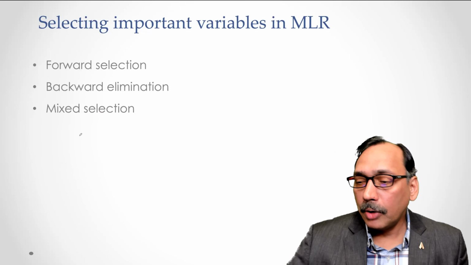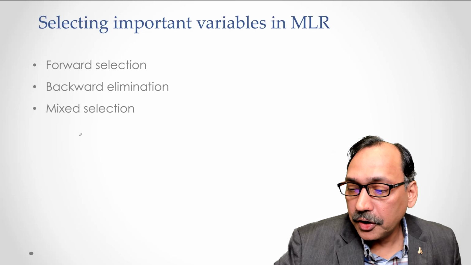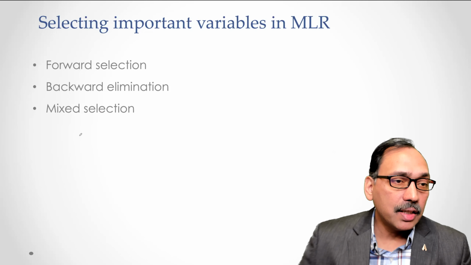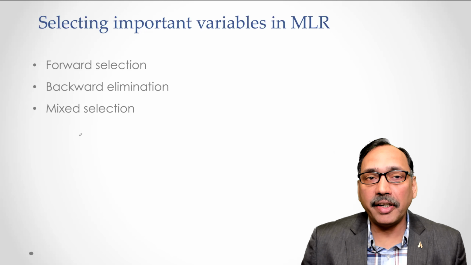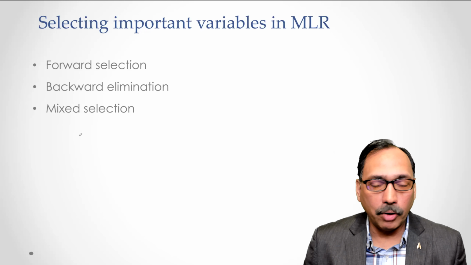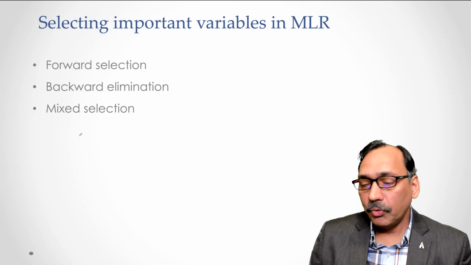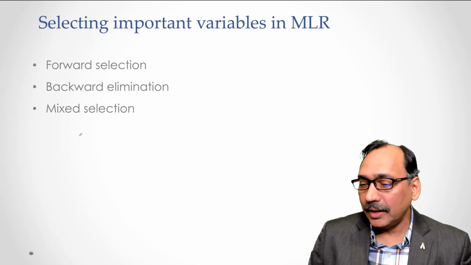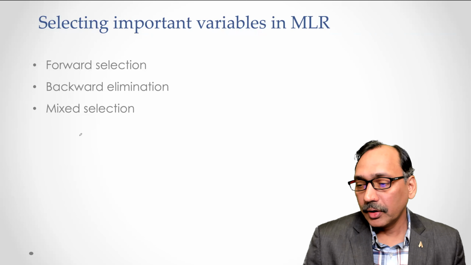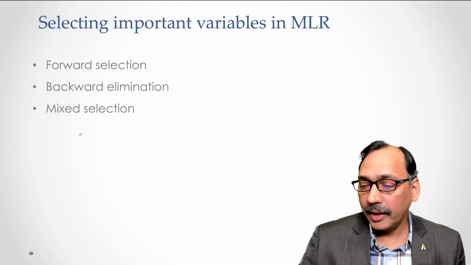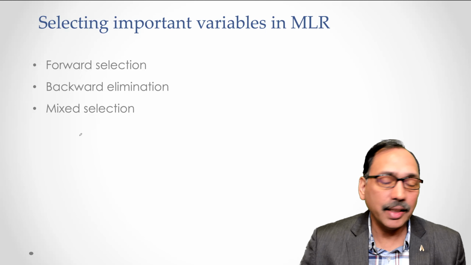We talked about forward selection, where we start with no predictor in the model, no explanatory variable or independent variable in the model. And then one by one, we add the variable that contributes most. This method stops when improvement is no longer statistically significant.